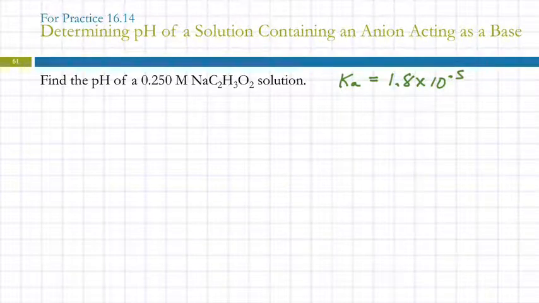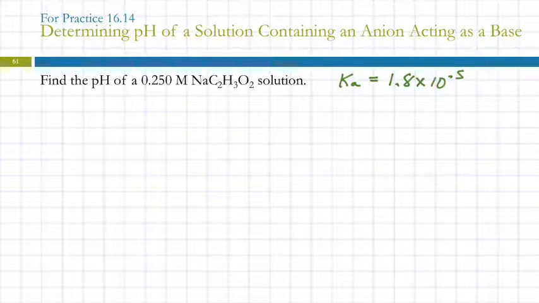Now, on an exam, you would either be given the Ka or the Kb in the problem, or you'd have a table where you could look it up. You don't memorize these things. The one thing you memorize is Kw, 1 times 10 to the minus 14. Okay? So we're supposed to find the pH of this solution. So let's look at the dissociation or the association of this and figure out what's going to happen here.